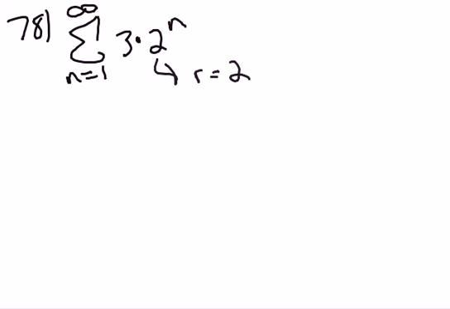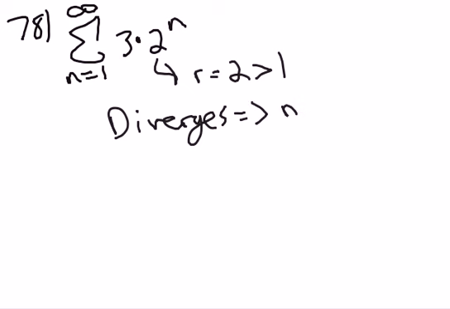So r equals 2, and 2 is positive, so you don't have to worry about taking the absolute value, but 2 is greater than 1, so we would say this geometric series diverges, which means there is no sum. Okay, or at least no finite sum for an infinite series.